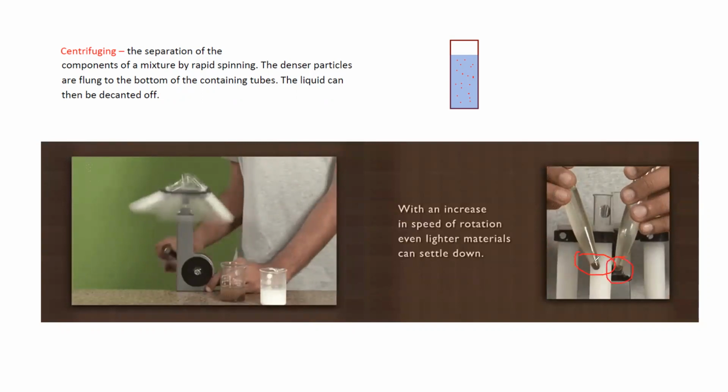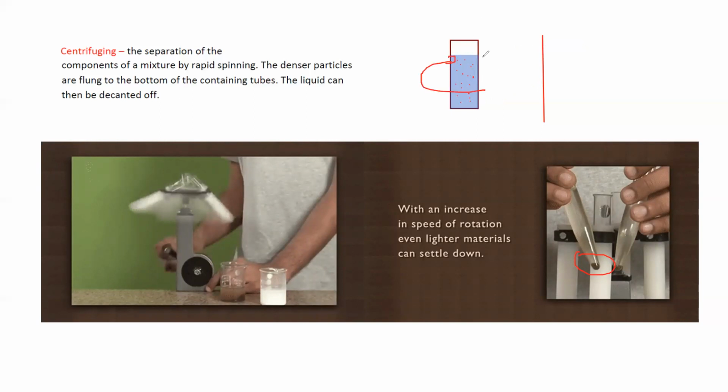And when they settle down, we can use decanting or we can use filtration to separate the solid from the solvent. Is it clear? It is normally used for very fine particles, the particles which take a lot of time to settle down. So we take a centrifuging machine and we rotate them at a very high speed.